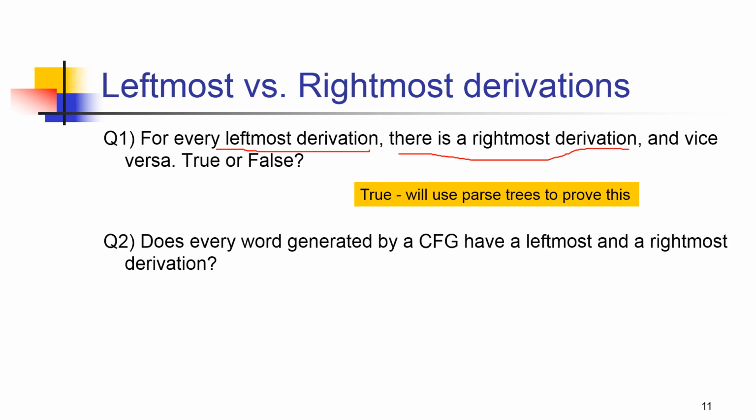Now let's move to the next question. The question is, does every word generated by a context-free grammar have a leftmost and rightmost derivation? According to you, what is the answer? So the answer is yes. Once again, read the question carefully. Does every word generated by a CFG, if I am trying to derive any string, have leftmost and rightmost derivation?